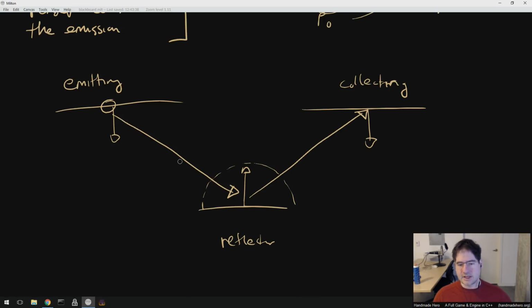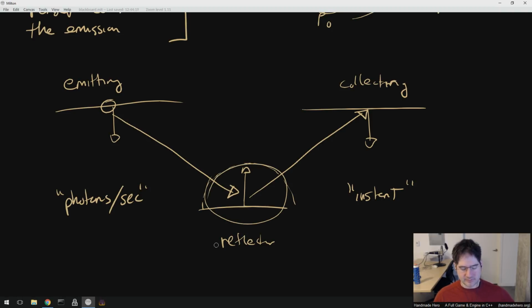Then the thing that I need to know for a particular surface here is, if I was going to take a frozen moment in time, so if I want to look at an instant in time, what I could say is, I want to know the photons per second that are passing through this reflector.